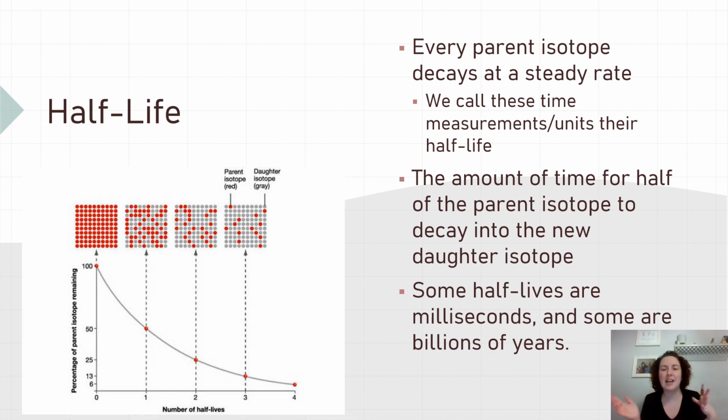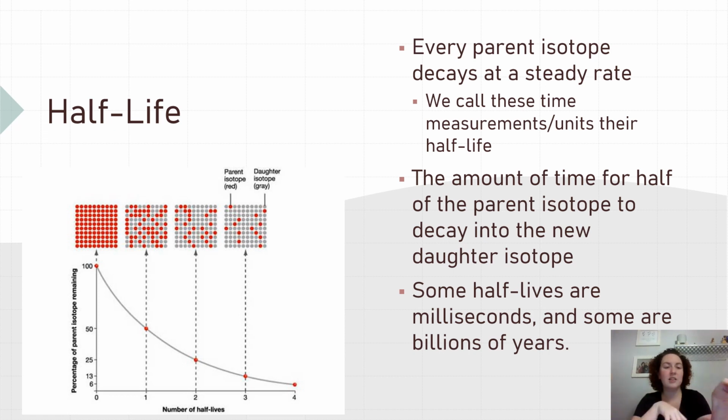Yes, the ones that decay over a very quick amount of time are awesome. That's usually how we start to identify brand new elements, or how we get larger in our periodic table. But the ones that take a really long time are the ones that help us determine the age that something was in relation to where we are today.